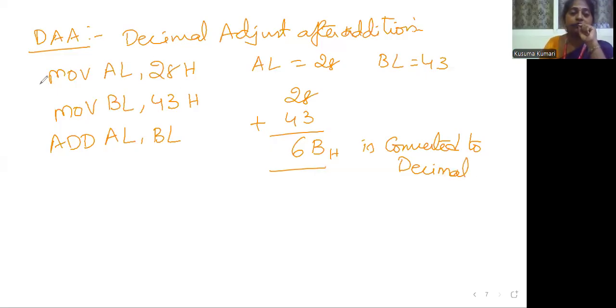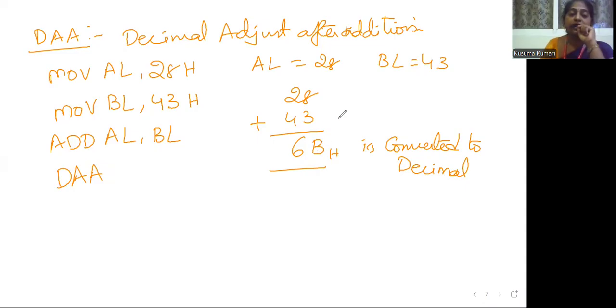How? Suppose this is the first instruction, and the second instruction is add AL comma BL. Then if we use the DAA, what happens? When we use the DAA, this hexadecimal result is converted into a decimal number. It checks the lower number.